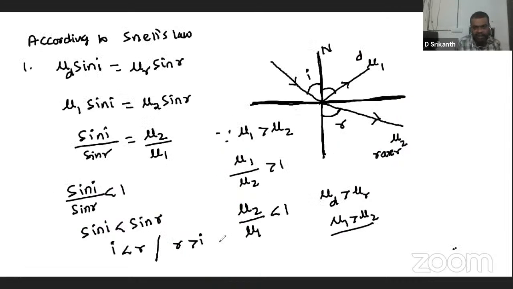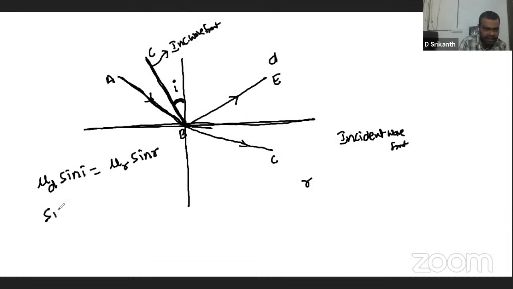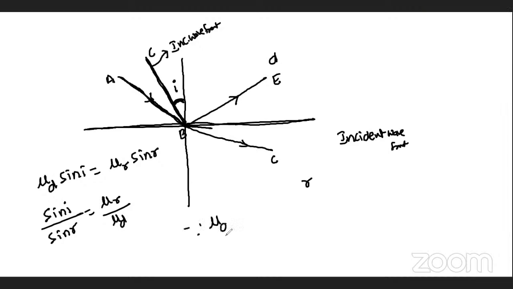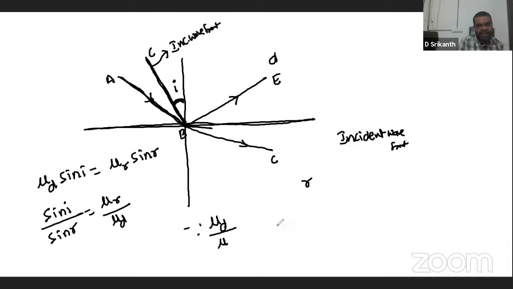The same derivation will be obtained here. That is, sine i by sine r equals mu r by mu d. Since mu d by mu r is greater than 1, because the refractive index in the denser medium is greater than in the rarer medium. Is it fine?